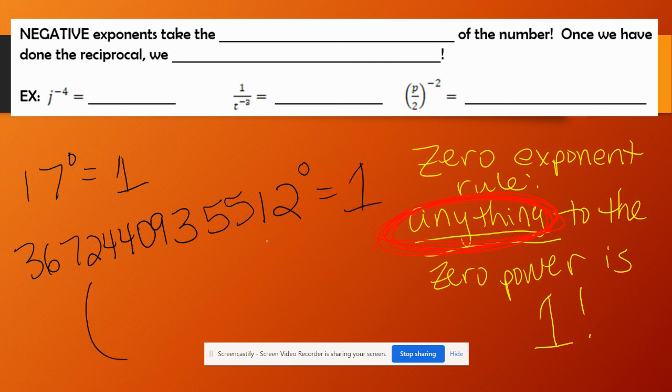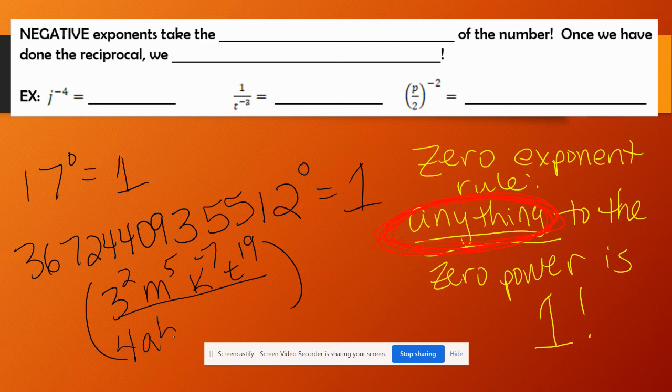If I have any big old gobbledygook in here, if I have, let's see, 3 squared n to the 5th, k to the negative 7th, t to the 19th, 4, a, b, c, d, e, f, g, h to the 0 power. Again, the 0 power on the outside takes all of that stuff and says, yep, you're just 1. So anything to the 0 power is 1.